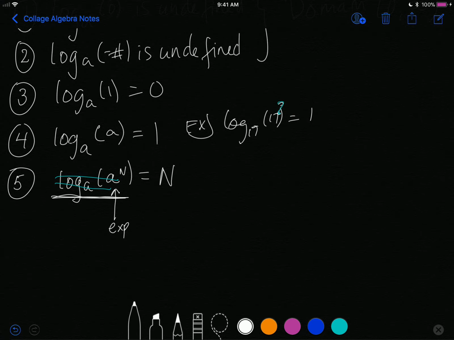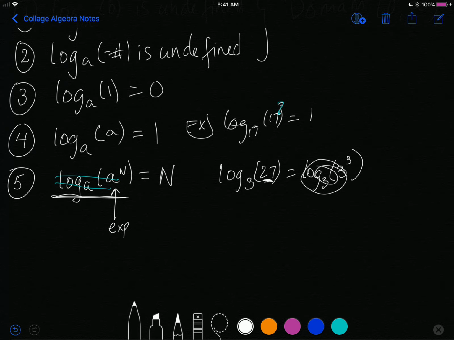This is a very powerful result and allows us to evaluate many logs very easily. Consider log base 3 of 27. Well, this is the same thing as log base 3 of 3 to the third power, correct? Yes, because 27 is 3 times 3 times 3. And then all of this nonsense cancels out. So log base 3 of 27 is actually 3. And if you think about it for a second, what power must 3 be raised to get 27? Well, this is the power that 3 must be raised to get 27.